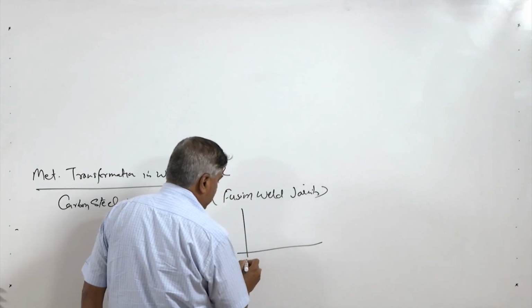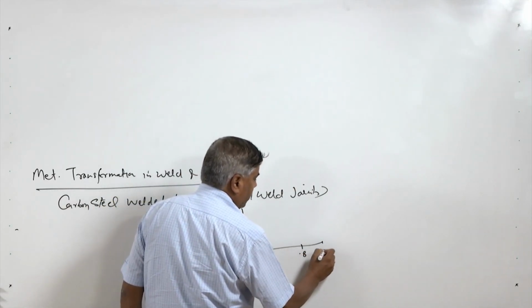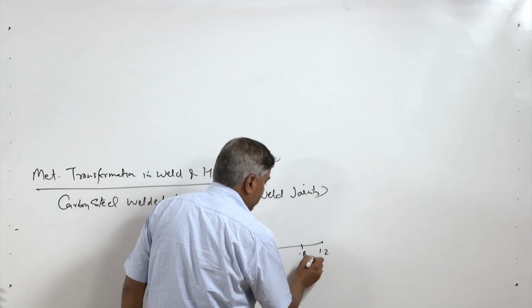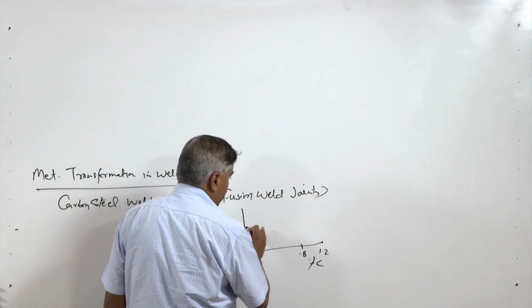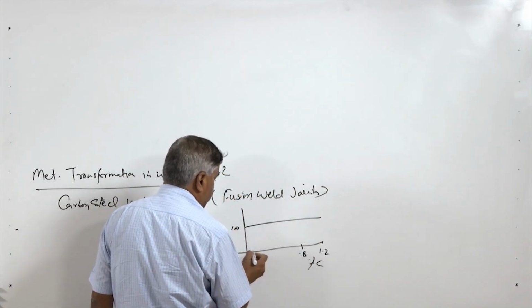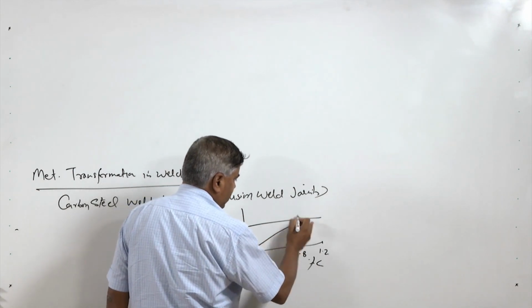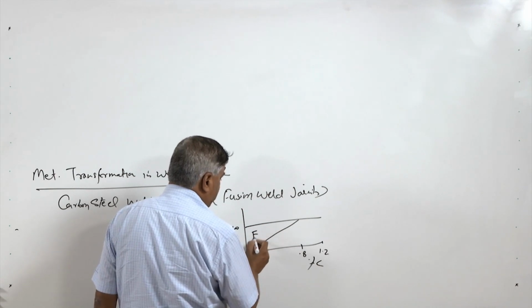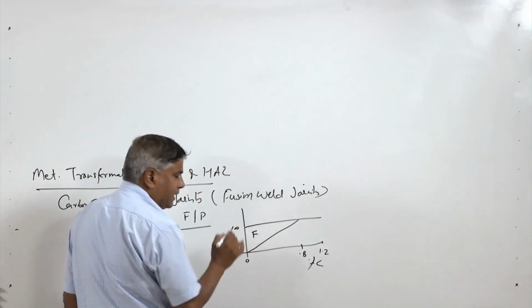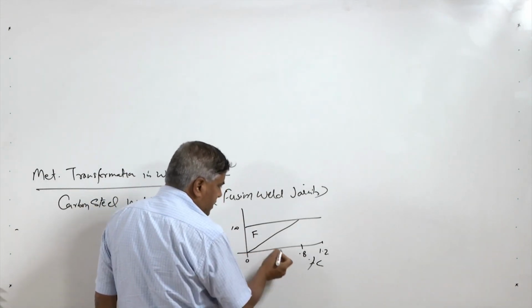Normally, if we see 0 percent carbon content, 0.8 percent carbon content and 1.2 percent carbon content on the x axis, and schematically show the structure, here this shows the ferrite content, starting from 100 percent. When the carbon content is 0, the entire system is ferritic and the pearlite is 0.